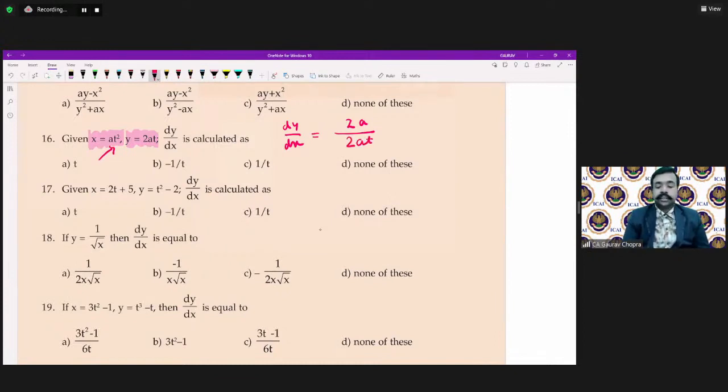Now 2a will get cancelled and we are left with 1 upon t. So 1 upon t is dy by dx. This is the final result. Got it, guys?